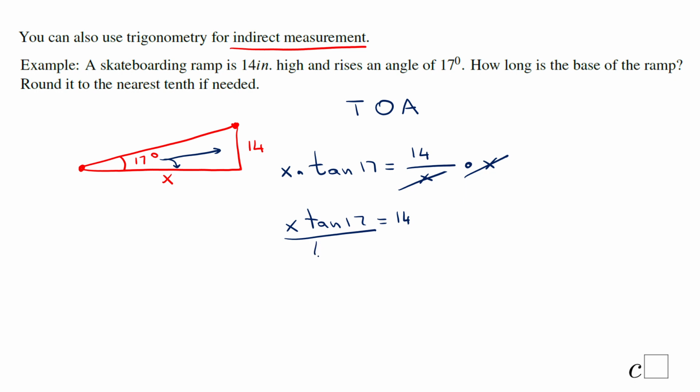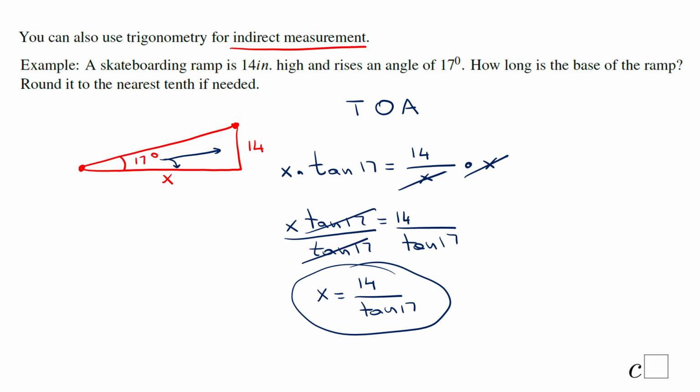Divide by tangent of 17, and this is the exact answer. Let's evaluate this, and that will be 14 divided by tangent of 17. I end up with 45.79. Round it to the nearest tenth, that will be 45.8 inches.